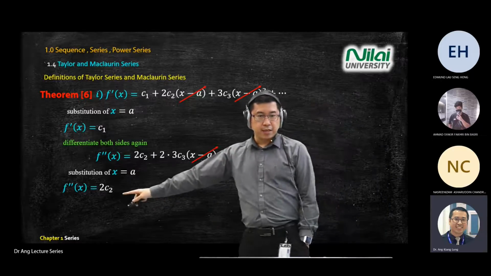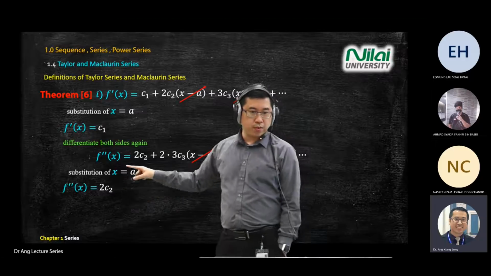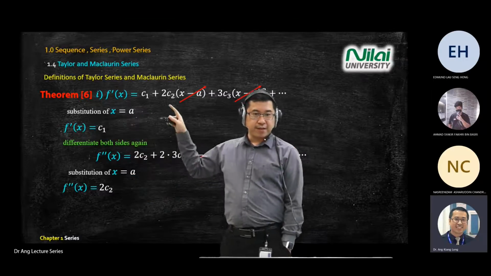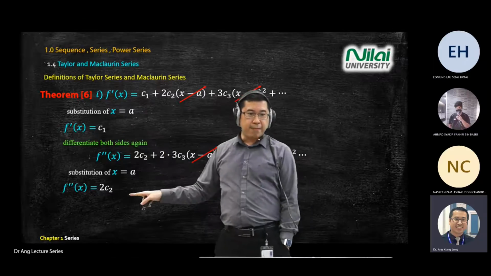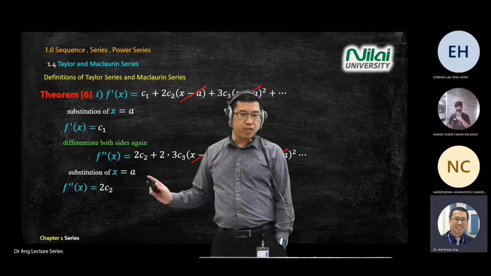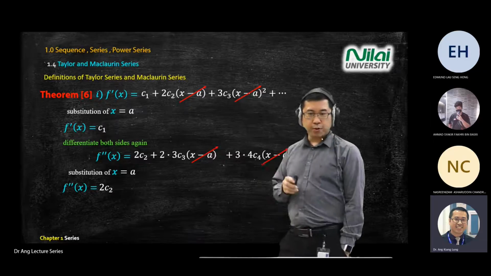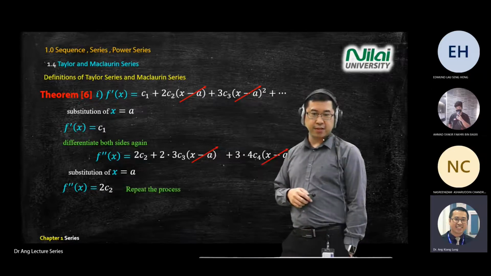Okay? You differentiate one time, you get C1. You double differentiate, you get 2C2. Let's do one more time, so you can see the pattern.